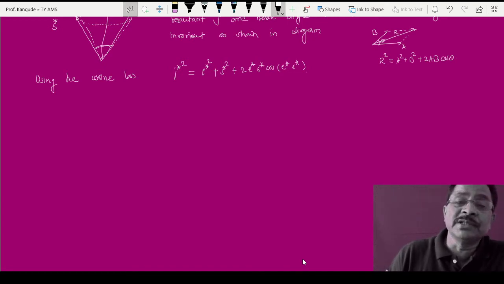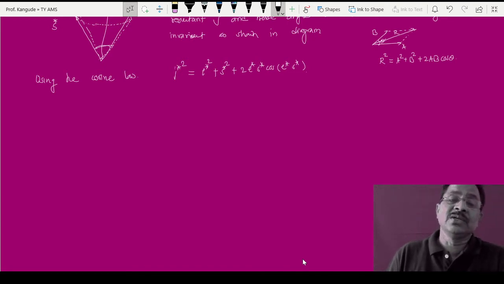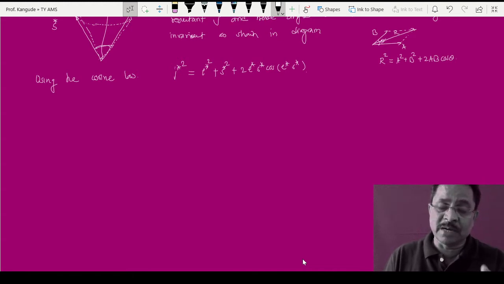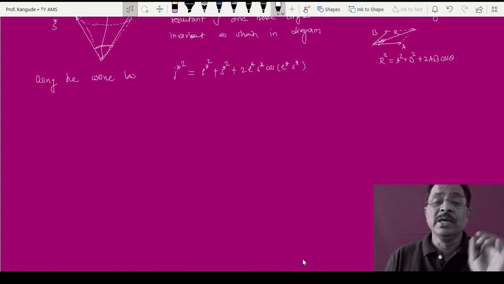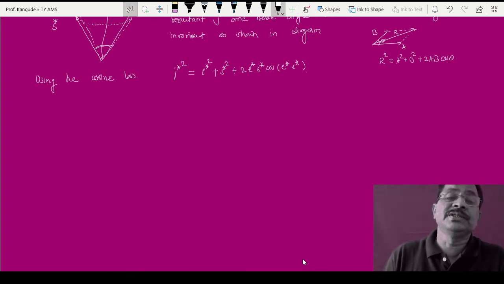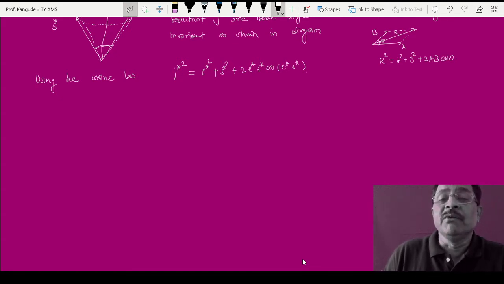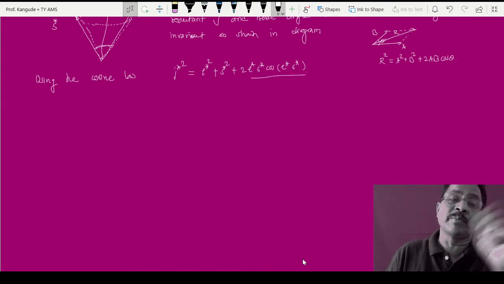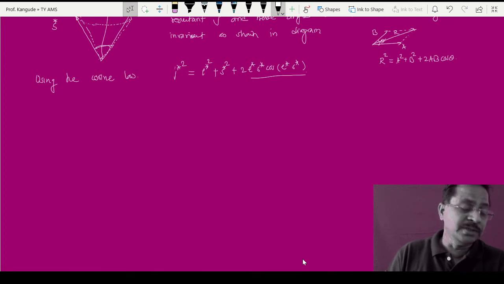Here, the same relationship: J star square. As I know, J star vector J bar is the resultant of L bar and S bar, so I can write the same relationship: J star square is equal to L star square plus S star square plus twice L star S star cosine of the angle between L star and S star. We are more interested in this term, as I said earlier, because it also appears in our interaction energy term.